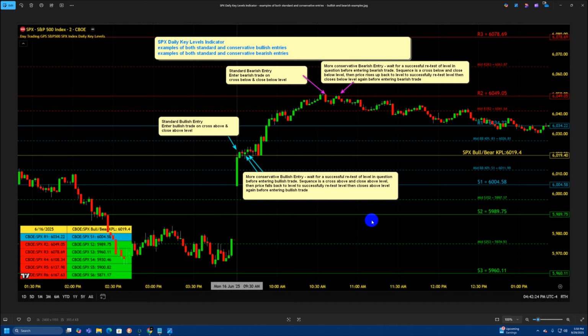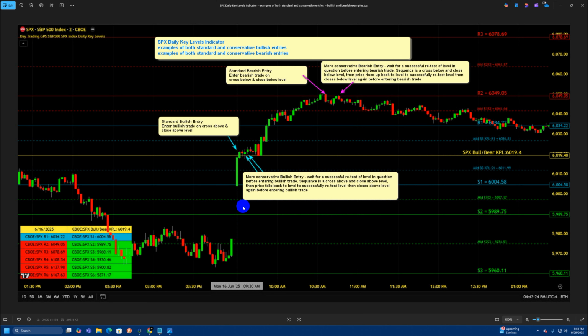And the same thing would apply for any other level. So if this price action was happening down here on this S2 level instead of here on this BBKPL level, then it would be the same sequence. Cross above, close above, that's your standard entry.